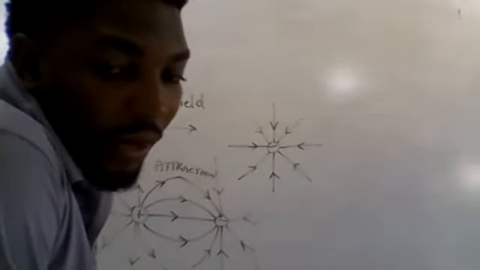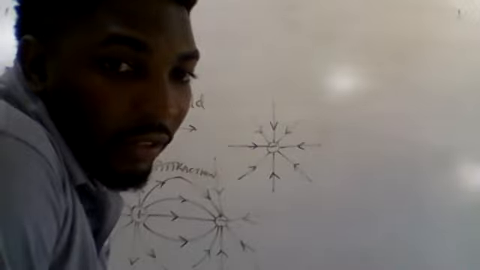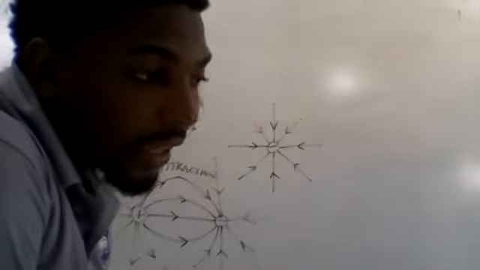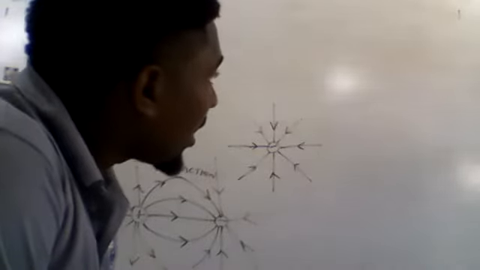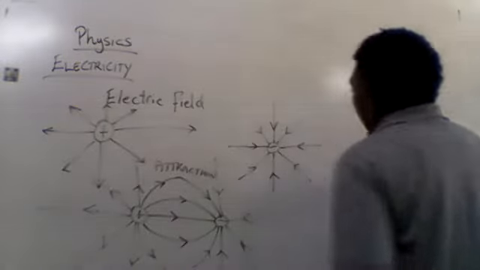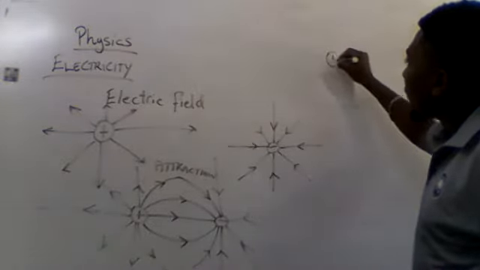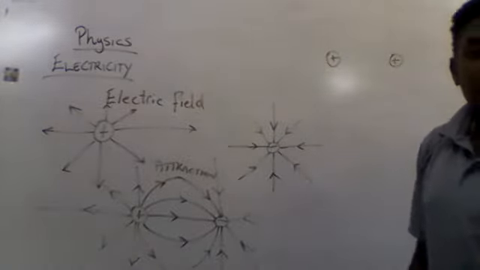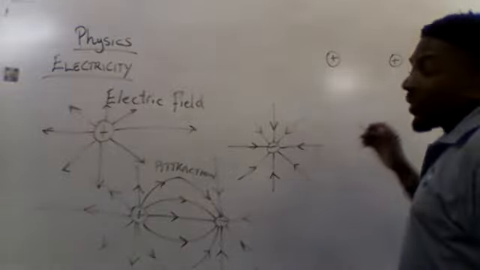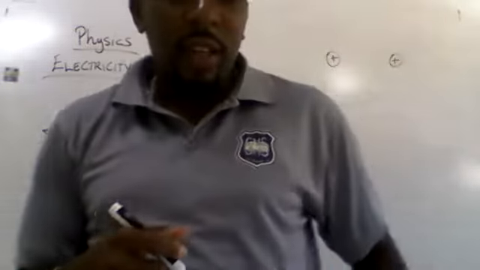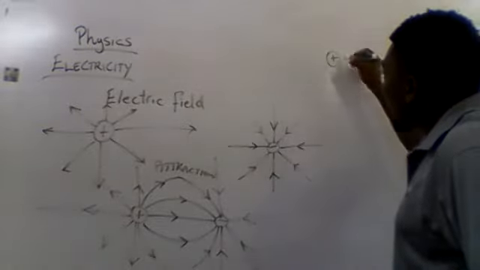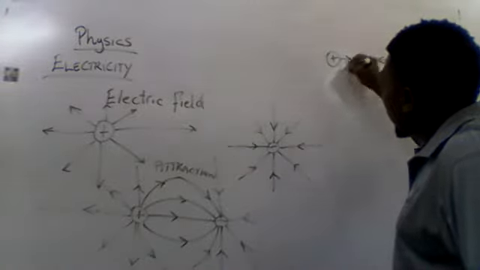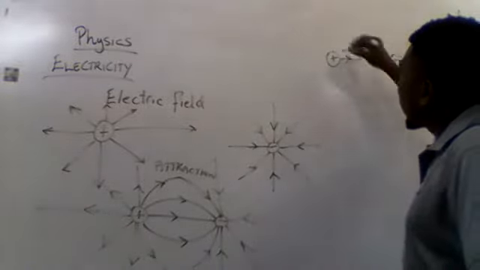Now we want to understand what happens with repulsion. Repulsion only occurs when you have two charges of the same kind coming very close to each other. So let's draw a proton coming close to another proton. In this case, these charges are going to go away from each other.